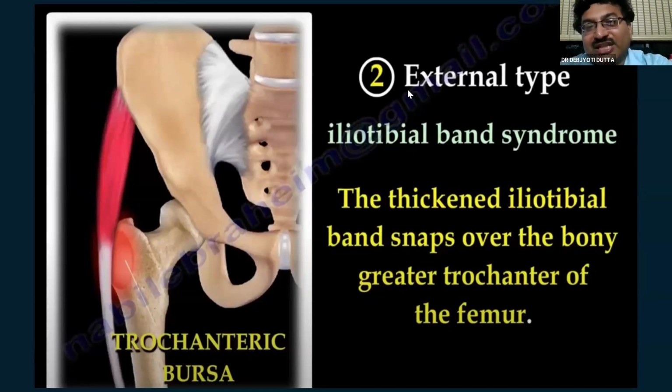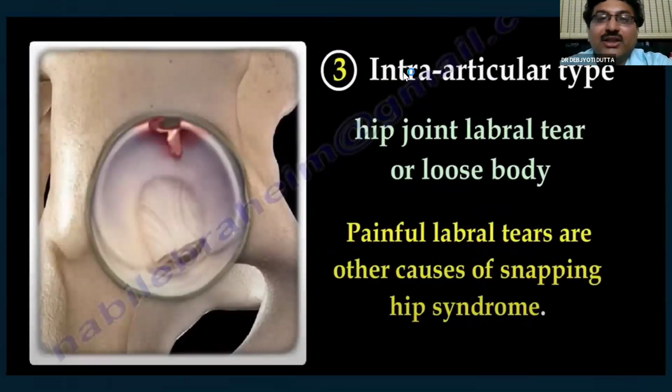And the third type of snapping hip syndrome is this one, known as the intra-articular snapping hip syndrome. Again, intra-articular snapping hip syndrome may be of two types. One, where there is a deep acetabulum, and for that, this labral portion of the acetabulum, which is loose, gets snapped within the head and this acetabulum. So a portion of the labrum, because of the deep labrum, is getting trapped inside.